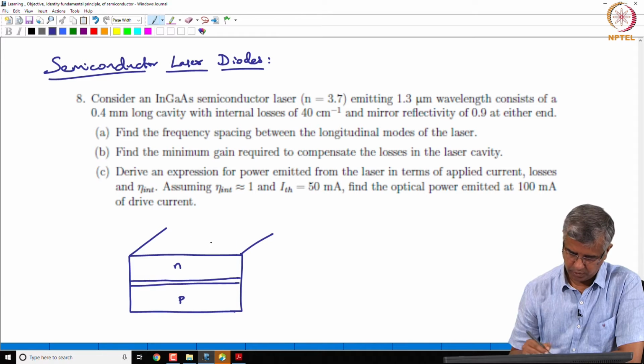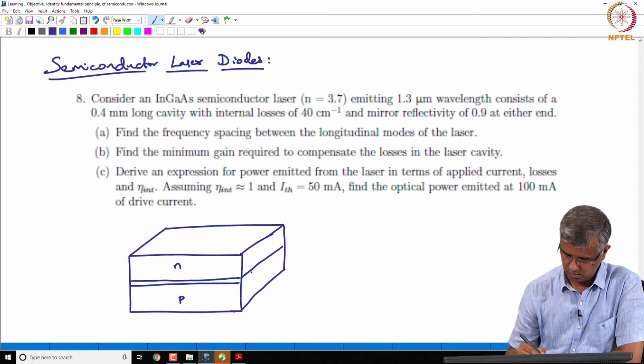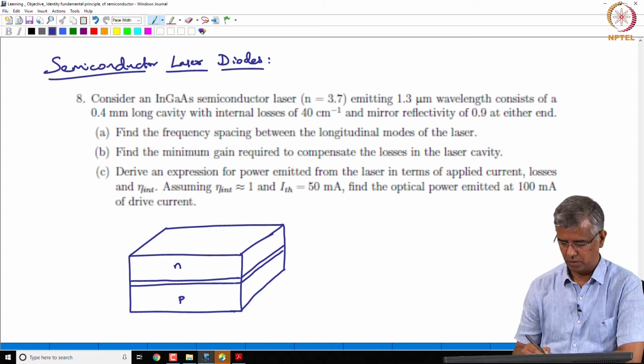And if I were to project this in 3 dimensions, just to give you a perspective of this, it is going to be something like this.